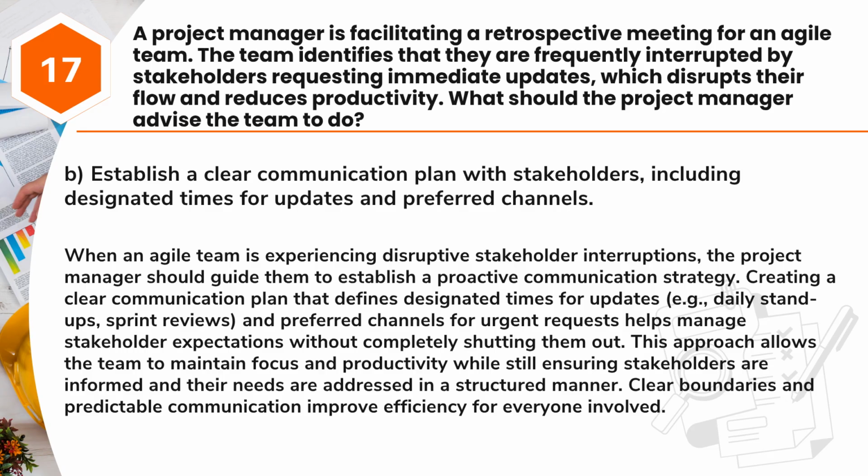Creating a clear communication plan that defines designated times for updates, e.g., daily stand-ups, sprint reviews, and preferred channels for urgent requests helps manage stakeholder expectations without completely shutting them out. This approach allows the team to maintain focus and productivity while still ensuring stakeholders are informed and their needs are addressed in a structured manner. Clear boundaries and predictable communication improve efficiency for everyone involved.